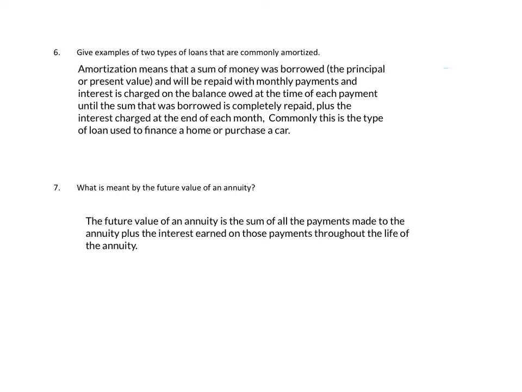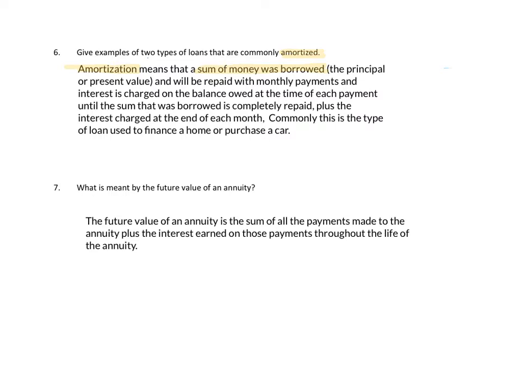Question number 6 says give examples of two types of loans that are commonly amortized. And that key word there is amortized. What amortization means is that you borrow a sum of money. That's the principal. That's cash inflow to you.